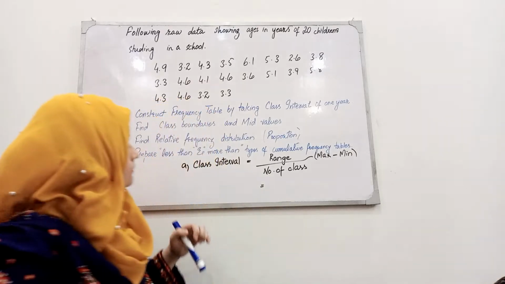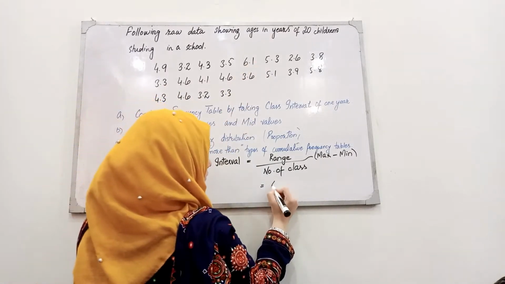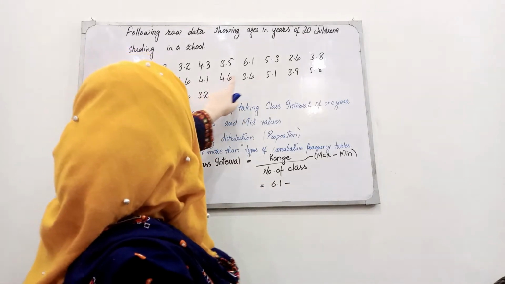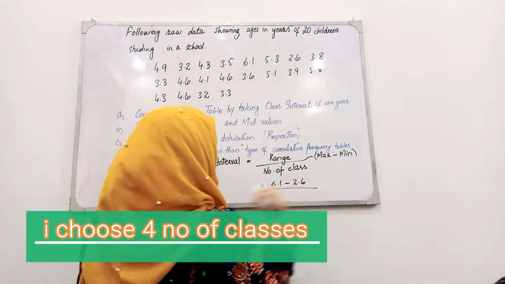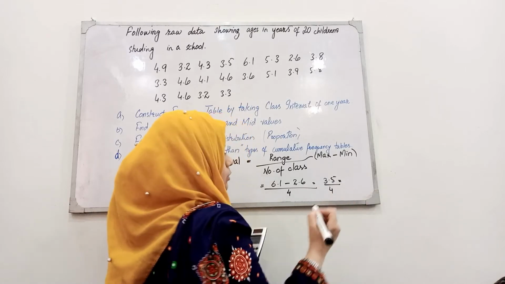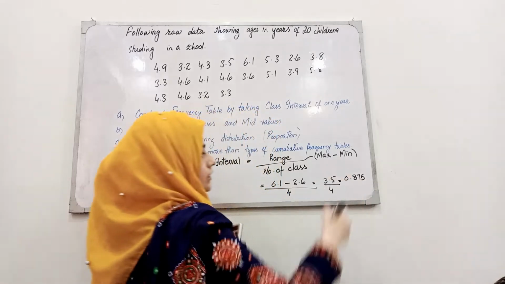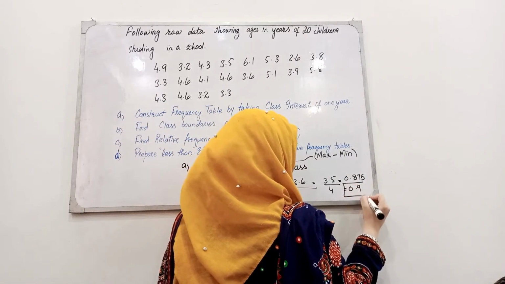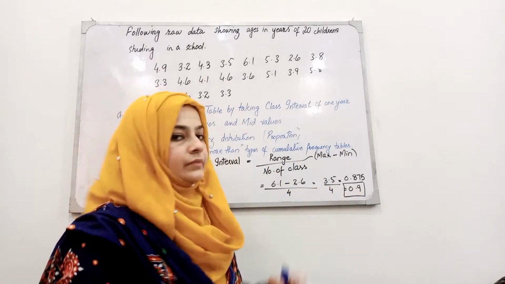So the maximum value is 6.1 minus the minimum value 2.6, which is 3.5, divided by 4 is equal to 0.875. So I will round it off. The rounded figure is 0.9. So the class interval is 0.9.